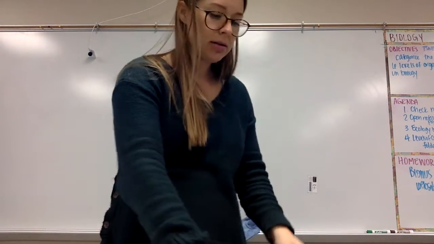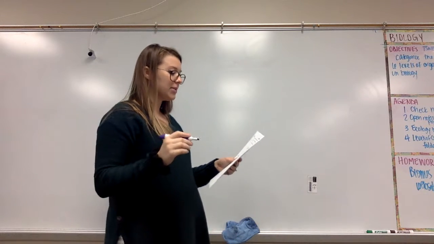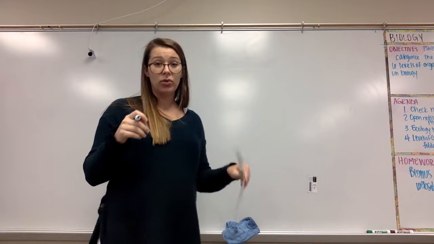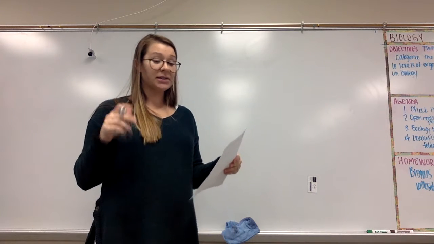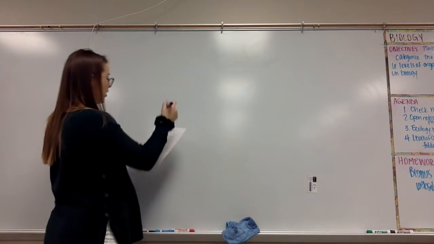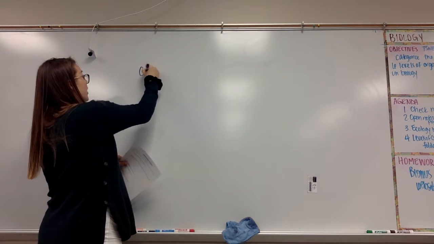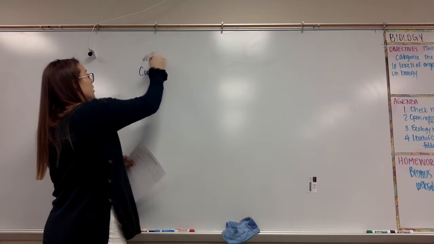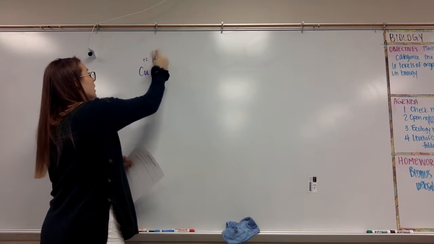So number 1 says, when copper 2 chloride reacts with sodium nitrate, copper 2 nitrate and sodium chloride are formed. So hopefully you can identify this as a double replacement reaction. We're going to write and balance our own equation here. So we have copper 2 chloride, again, plus 2, minus 1 here.